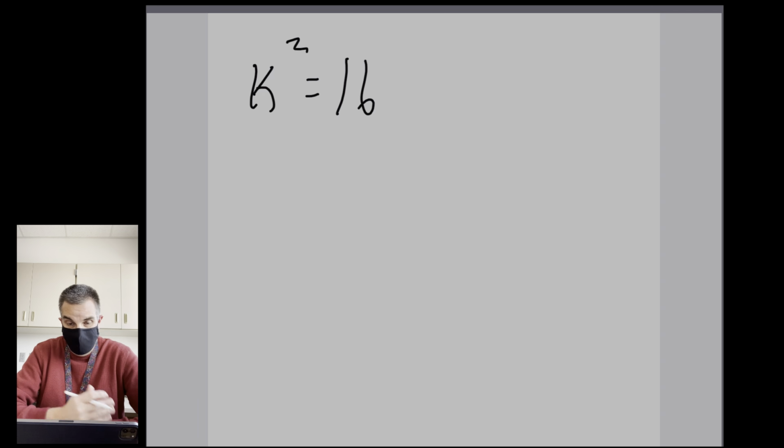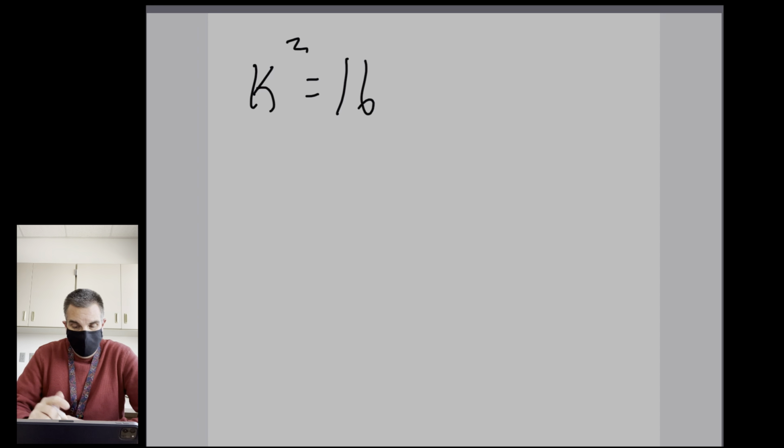So the first objective is really just solving using the square root property. Essentially we're looking at solving something like k squared is equal to 16. How do we go about finding the value of k that works in this problem? Anytime you can get your k squared equal to something, we're really in good shape.